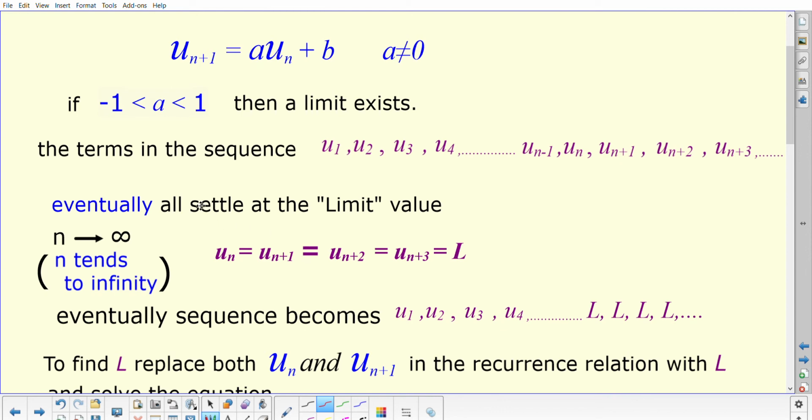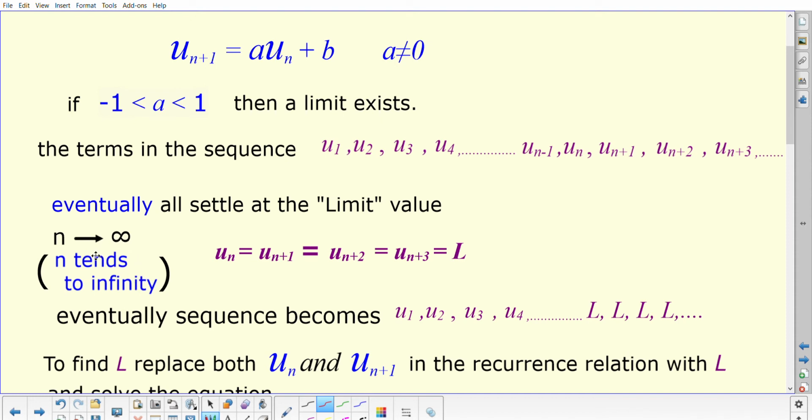So what happens when a limit exists is that initially your values are changing. When you do a calculation, your u1, your u2 is different, your u3 is different, and so on. But eventually all these terms towards the end of the sequence, or if it keeps on going, don't change. It settles at a particular value.